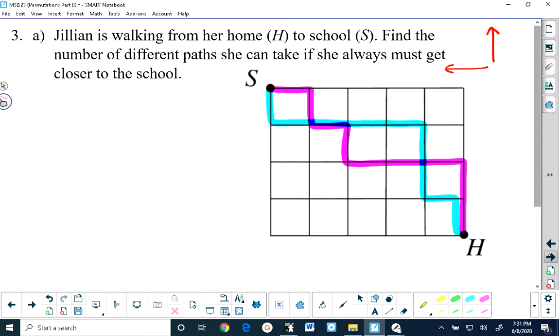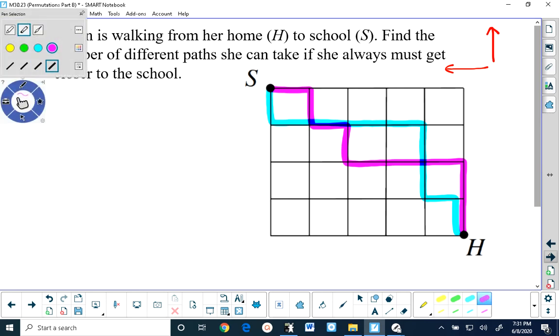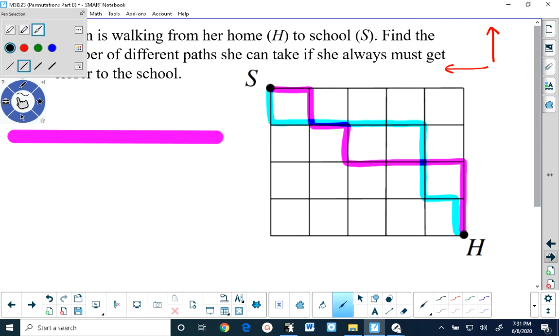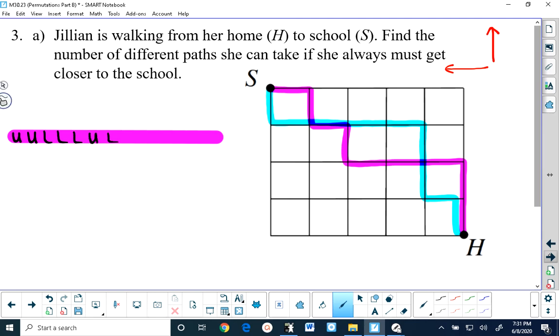Now, when we take a look at the pathway that I've created in pink, I could describe that pathway by saying the following: U, U, L, L, L, U, L, U, L. And as a challenge here, you might want to pause the video and see if you can figure out what these letters mean. What they stand for are up and left. Remember, I said that Jillian can only move in these two directions.